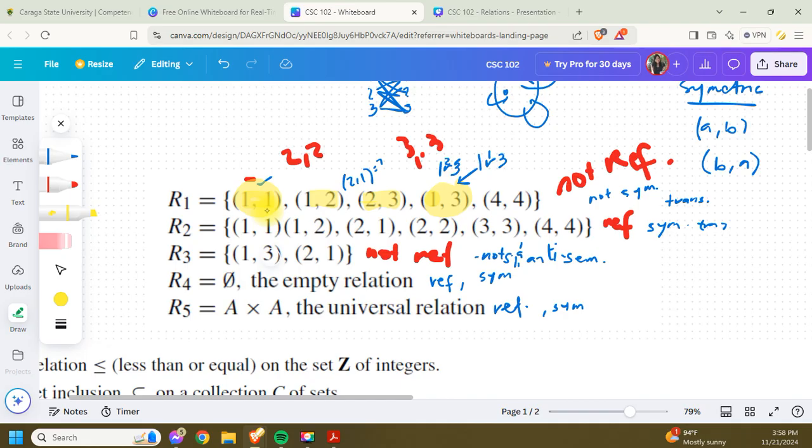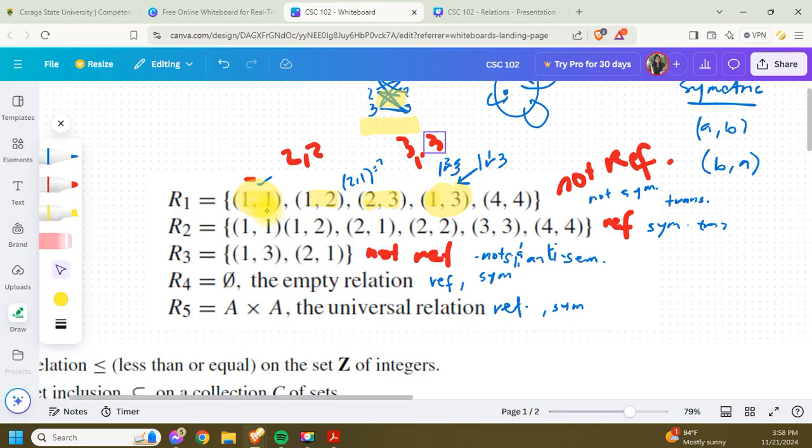Okay, so (1, 3) and (2, 1), that's not transitive. So this one is transitive. So it's empty. Again, the empty relation is perfect, right? You don't really have to think about it. It's just transitive. And then A times A, as I mentioned earlier with the relationship above, this is transitive because there's a chance that (2, 2) is also connected to (2, 3), because all of them are connected to each other.